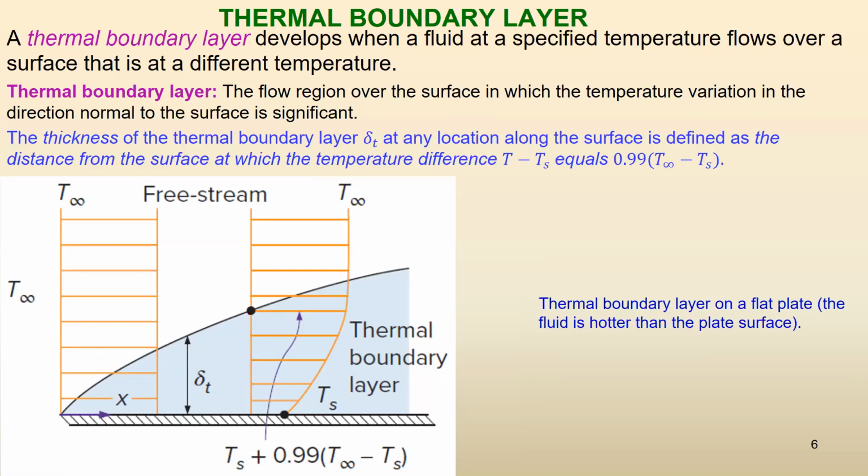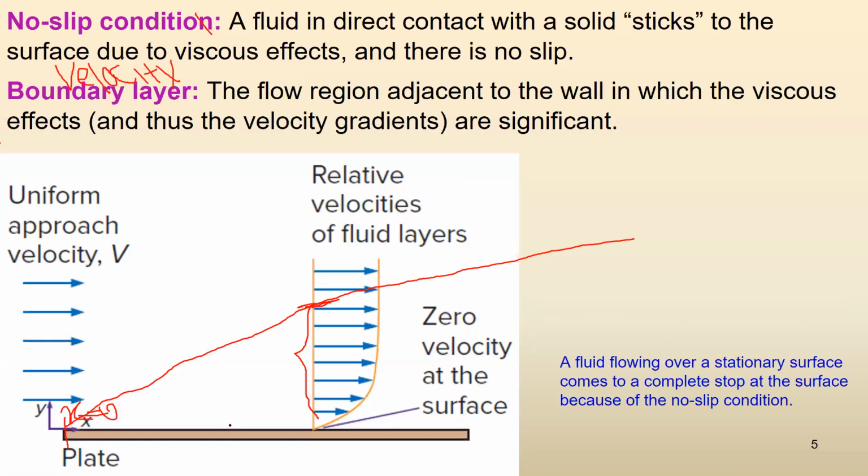So this blue shaded area is called the thermal boundary layer. And this length, the vertical length across which we have a temperature gradient, or basically temperature change with respect to the y direction, is called the thermal boundary thickness, or delta sub T. And here, this is called delta.